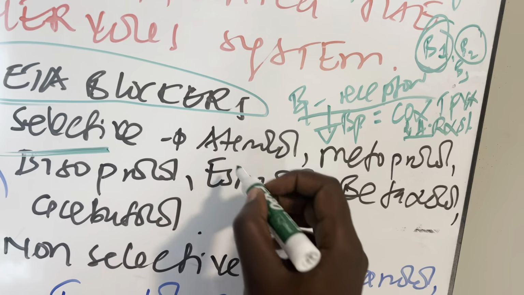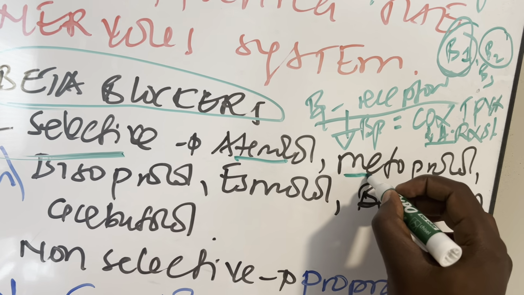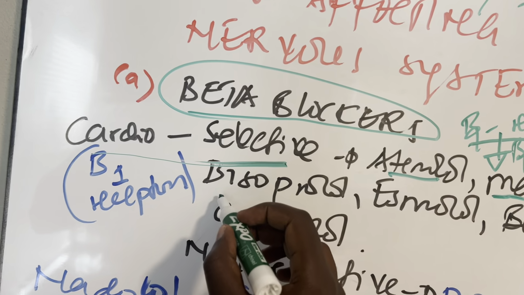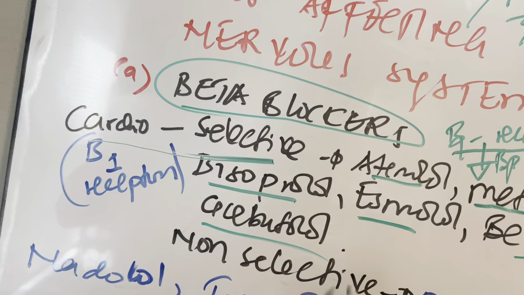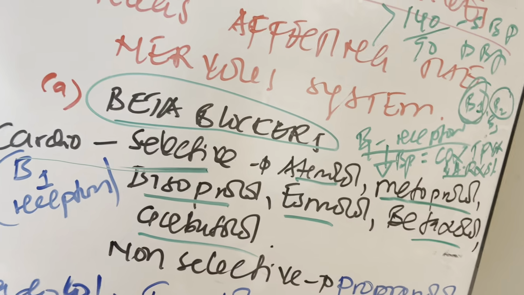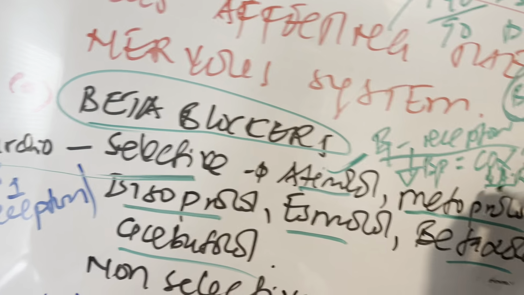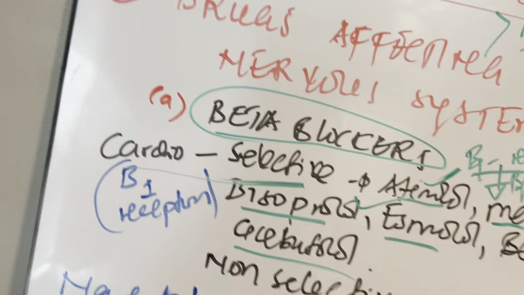Examples are atenolol, metoprolol, bisoprolol, esmolol, betaxolol, acebutolol. But the commonly used, which I've seen, are atenolol, which is widely used, metoprolol and bisoprolol.